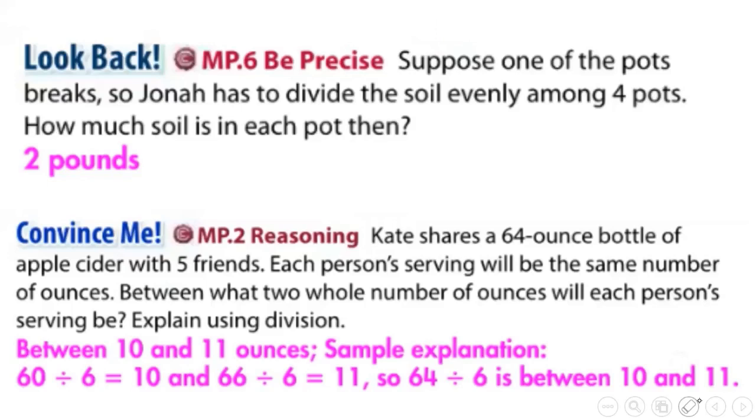This is the share of each one. Why? 60 divided by 6. Why did we say 6 here? From where did you get 6? They are 5, I said plus Katie with them. 60 divided by 6 equals 10, and 66 divided by 6 equals 11. So 64 divided by 6, the share will be between 10 and 11.